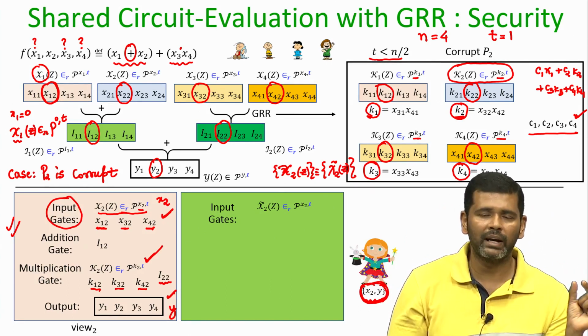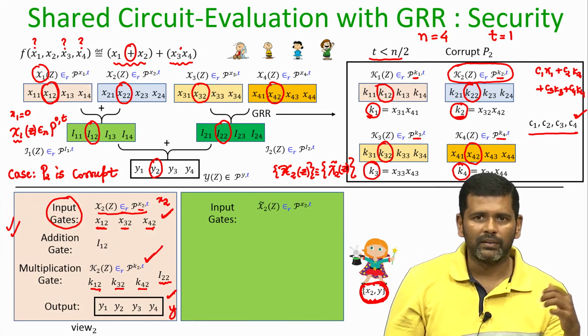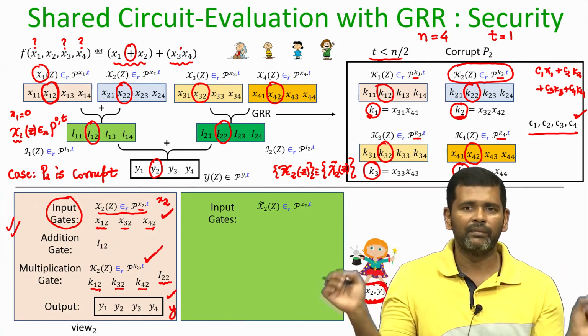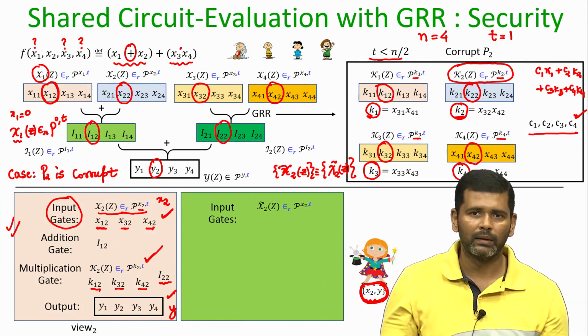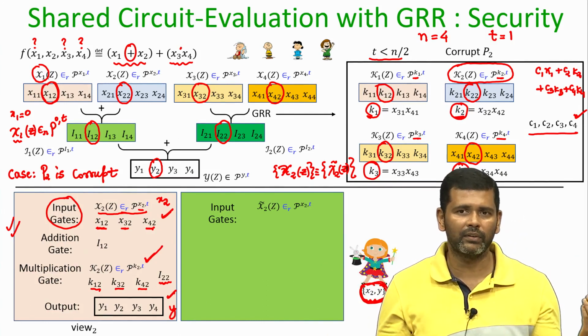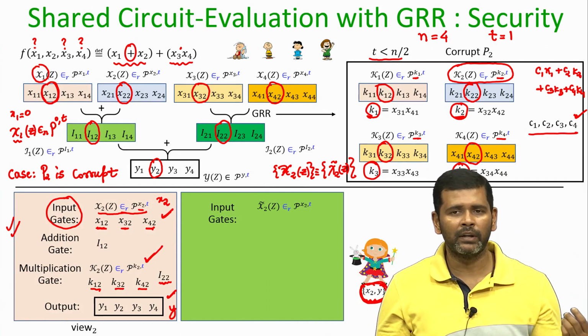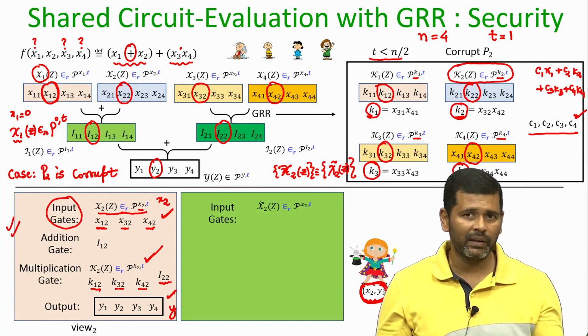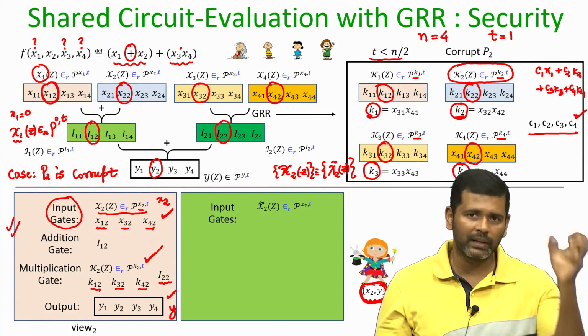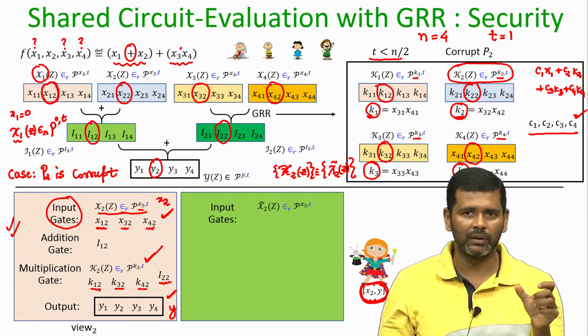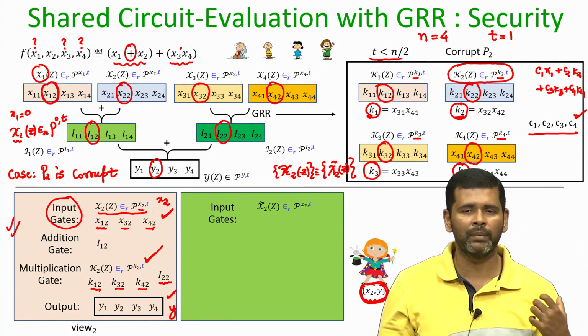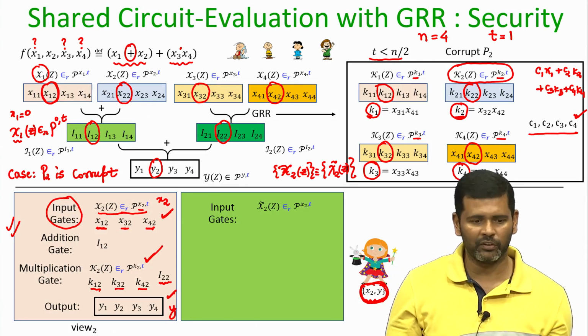We have proved that if you take any t random values from the field, they could be equally likely the shares of a random t degree polynomial whose constant term is s, and equally likely the same t values could be the evaluations of a random t degree polynomial whose constant term is s prime.